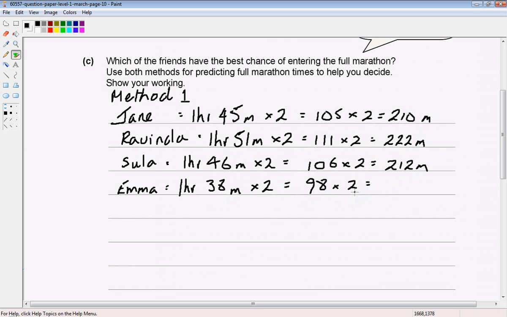And then we have 98 multiplied by 2, which would give us 196 minutes. So these are their best times calculated, multiplied by 2.